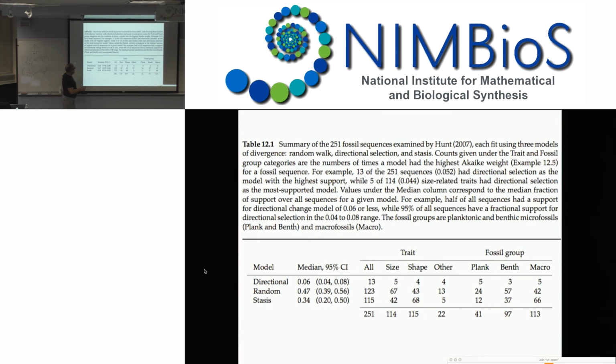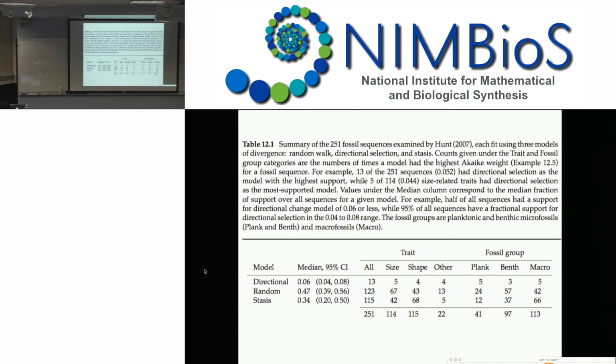The confidence interval, 95% of all the studies had a weight on directional between 4 and 8%. So very little support here. Then you can break it down by all traits, shape, size, and by microfossils and macrofossils. And the bottom line here is random and stasis seem to have roughly equal support, and good evidence of directional selection seems to be largely lacking.